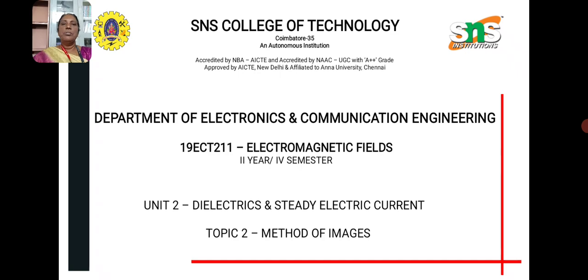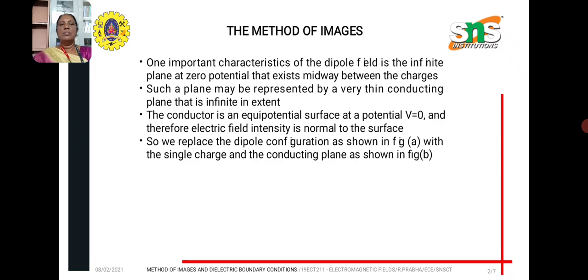In this video, we will discuss the topic on method of images for the course Electromagnetic Fields. One important characteristic of the dipole field is the infinite plane at zero potential that exists midway between the charges. This type of plane may be represented by a very thin conducting plane that is infinite in extent.